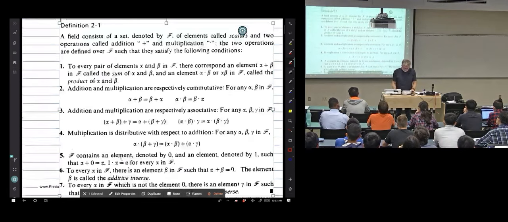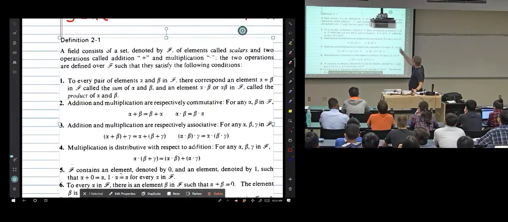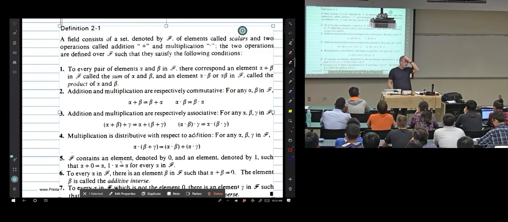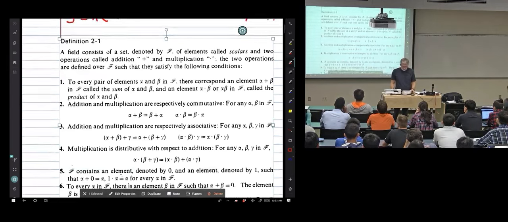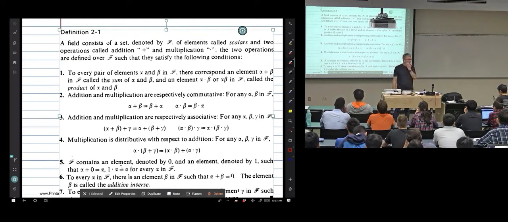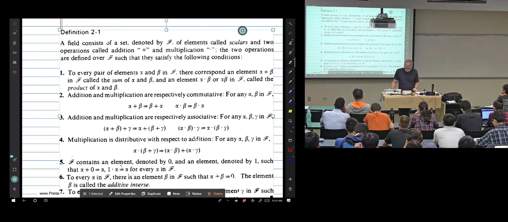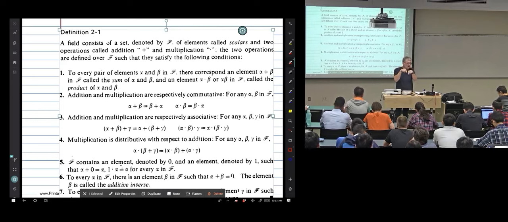So a field is a set of elements, script F, of elements called scalars. So scalars are elements of a field, and they have two different operations on them. One is called addition, it has a plus sign. And one is multiplication, and they're showing it with a dot, just to show that when you put alpha and beta together, if you don't put a dot, we know it's there, it's alpha times beta if it's not a plus, okay?